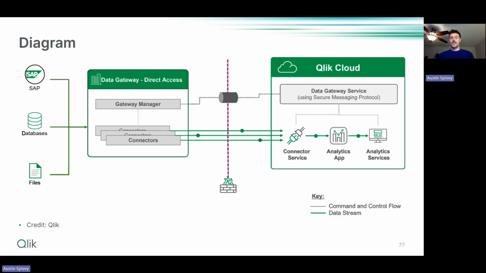So it's exactly as easy as that. The way you would normally create a data connection in Qlik, you do it the same way, right? You're just using a special version of it in order to access your data gateway. And so that's kind of the gist of it here, folks.